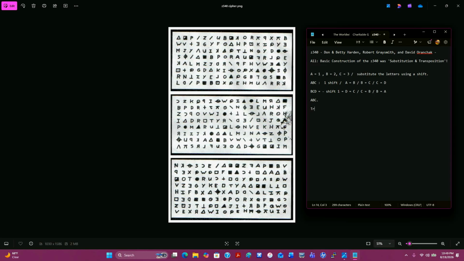What transposition does is it would have been a shift 1, right? Which would have created B, C, D. And then it would have been shifted again so that they're not even in the same position, right? So then you could say shift 1 again.